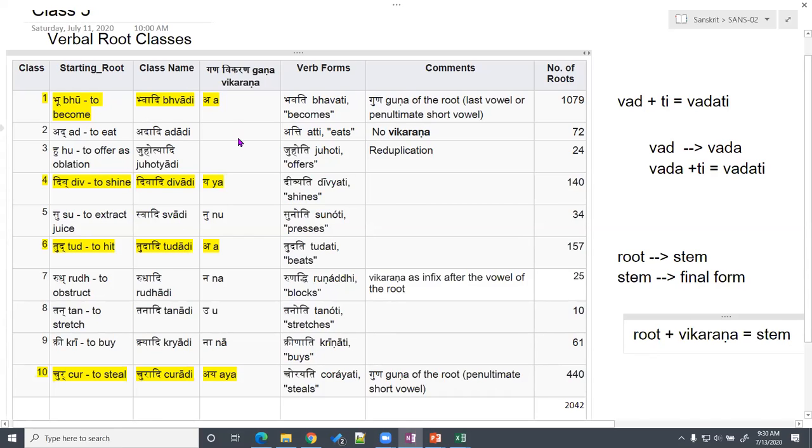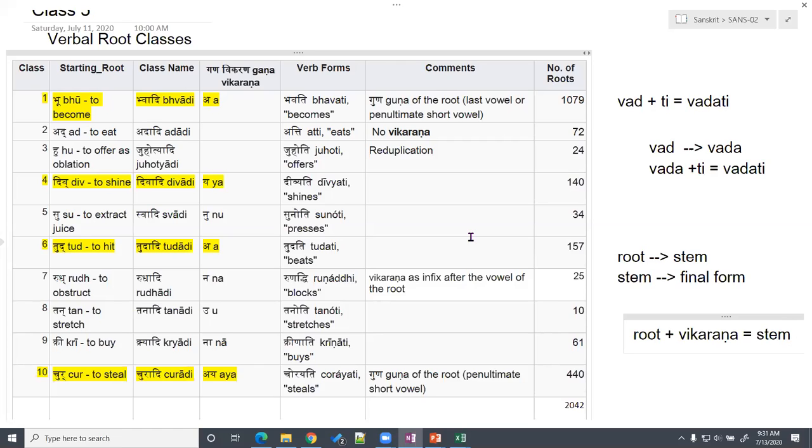Sometimes they will differ by the specific verb. Panini has given a rule sometimes for a specific verb on how to make the stem for that verb. Sometimes they will differ within the class. For example, there are 1079 roots in the first class. Within that, he has created subgroups, and he says for this subgroup, this rule would apply for making the stem.